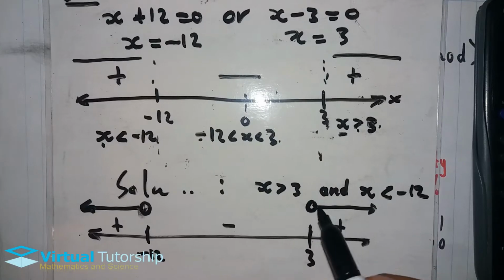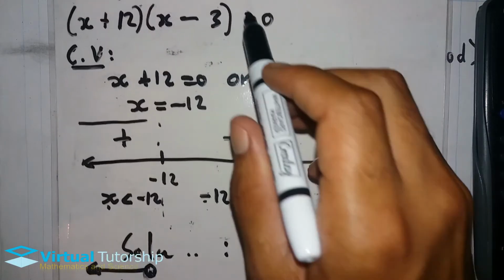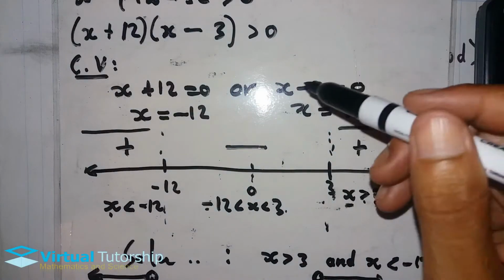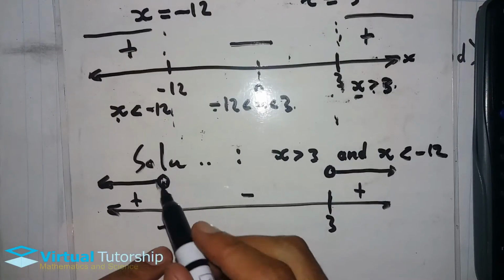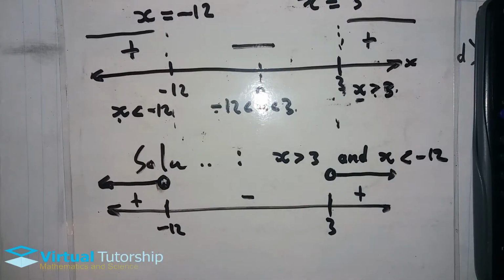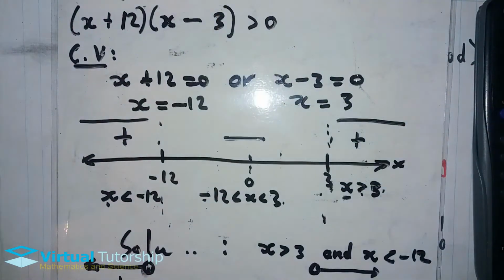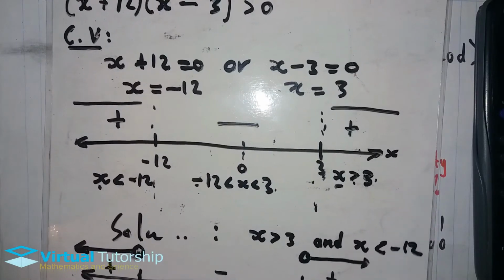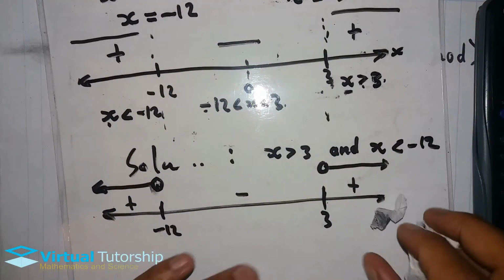You leave the circles open. But if it's greater than or equal to or less than or equal to, you close the circles, because here we don't have only greater than. So what do you do? We leave them open. So yeah, those are your solutions.